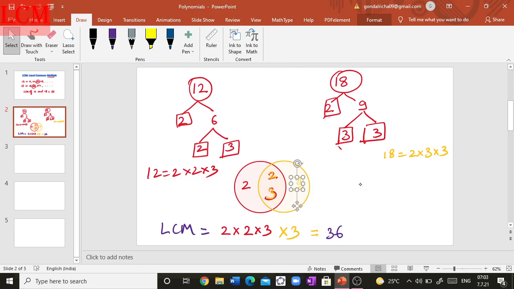So the LCM here will be given by the numbers which you are seeing here, that is 2 and 3 which are not common, but also the product of the common factors, the numbers which are common. Okay, so the LCM will be given by 2, 3, the uncommon factors and also the common factors. So the LCM is 36.